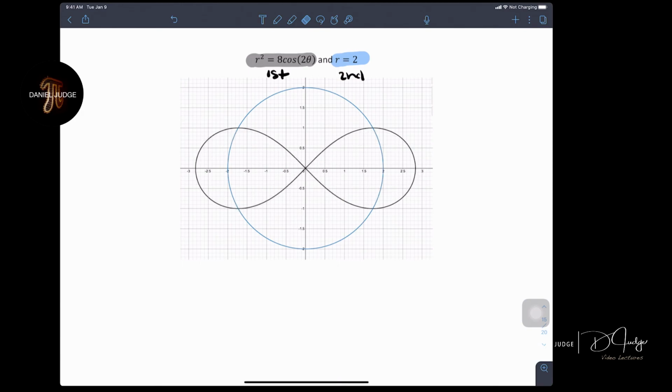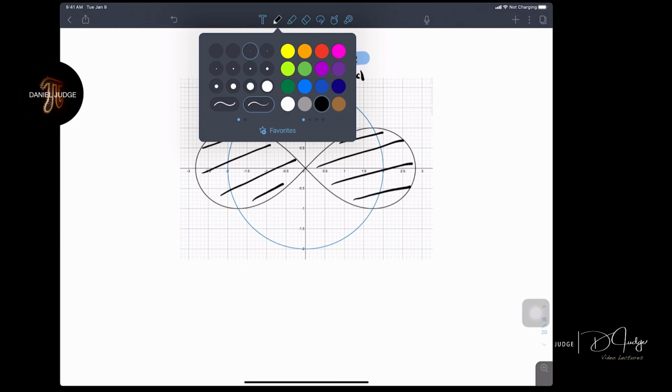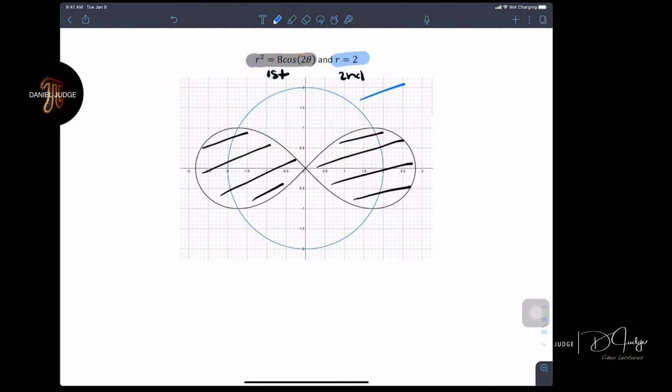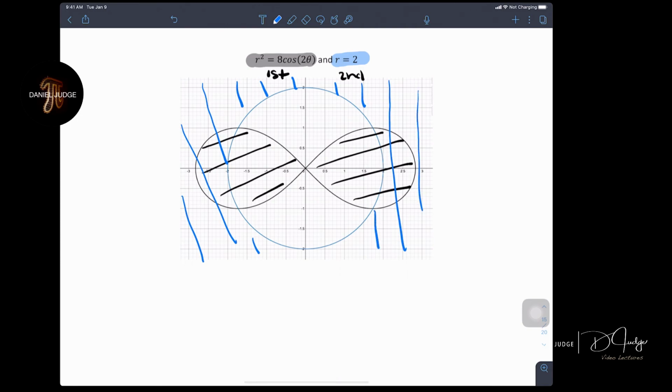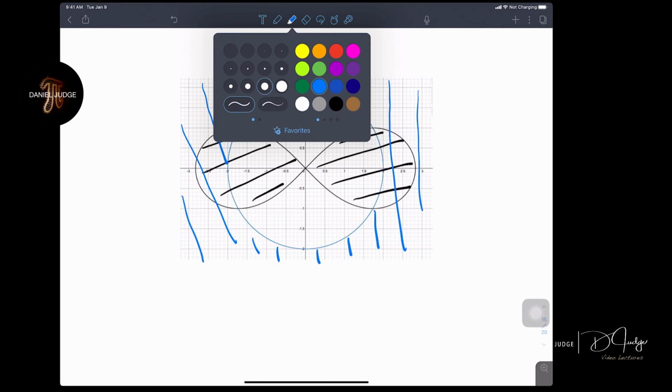So if you can see these here, here's what it kind of looks like. Area inside the first curve, but outside the second curve. So we'll use blue. This is a circle of radius 2, and we want the area outside that circle. So what you guys can see, here's your area now.